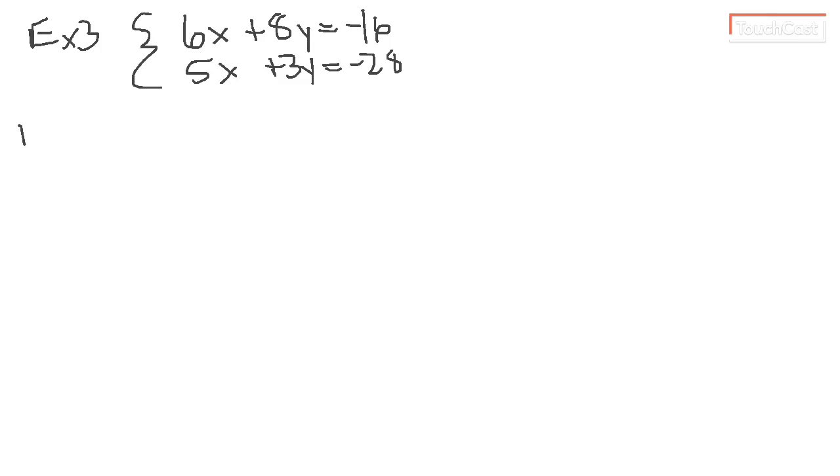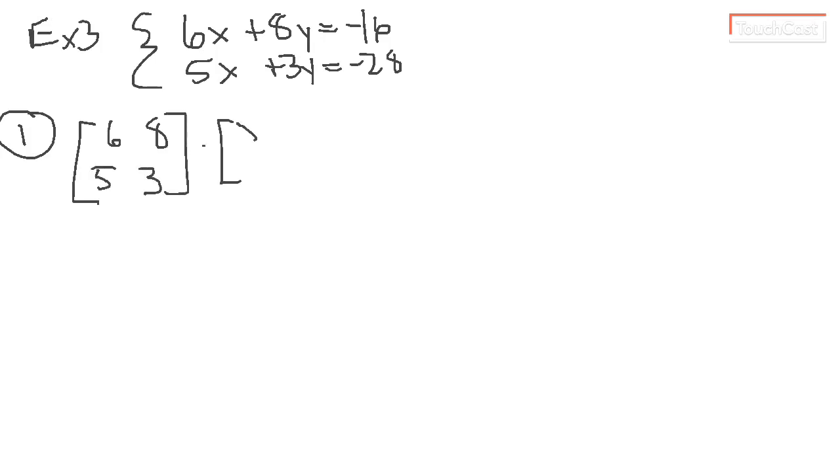So we're going to first write it as a matrix equation. So we're going to have 6, 8, that 8 looks like a 0, let me rewrite that, and 5, 3 times x, y equals negative 16, negative 28.